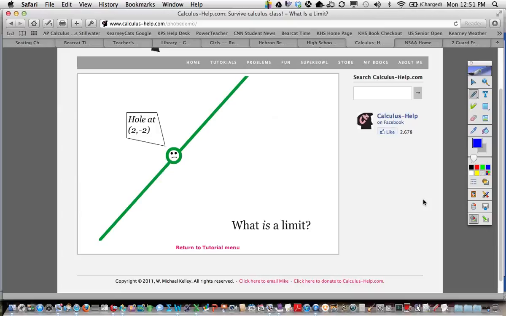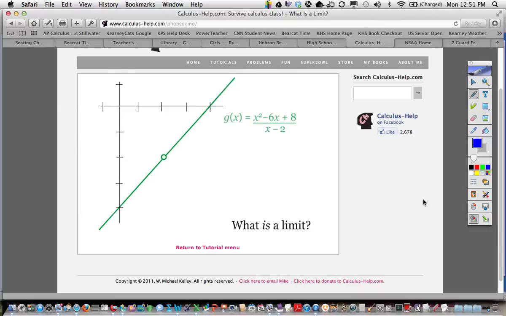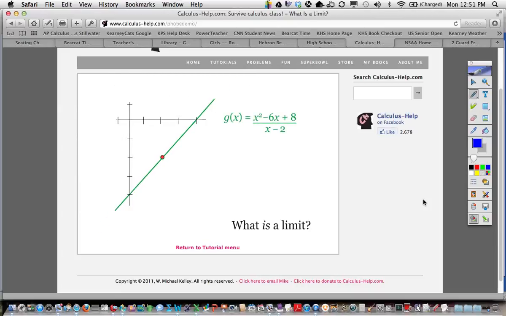If we zoom in, you'll see that it has a hole in it at the coordinates 2, negative 2. The hole exists because plugging x equals 2 into the function results in 0 divided by 0. And we know that dividing by 0 is a very bad idea. It breaks mathematical laws that we really can't even get into here.